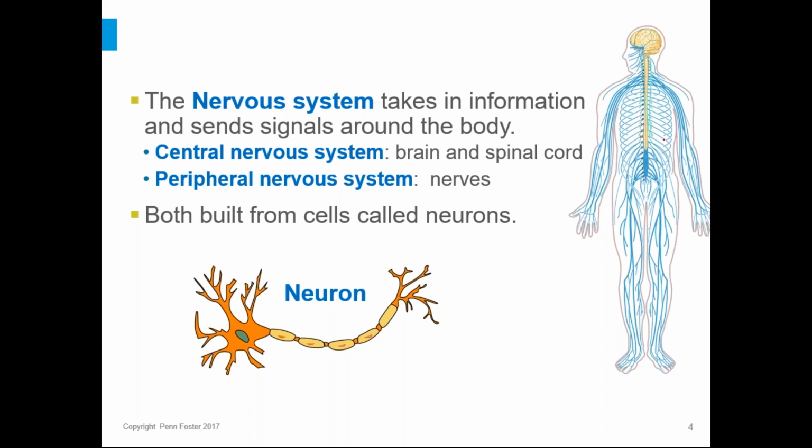That's the central nervous system. And then everything shown in blue is the peripheral nervous system. And both of these are built from cells that are called neurons. So those are the name for the cells that build up the nervous system.